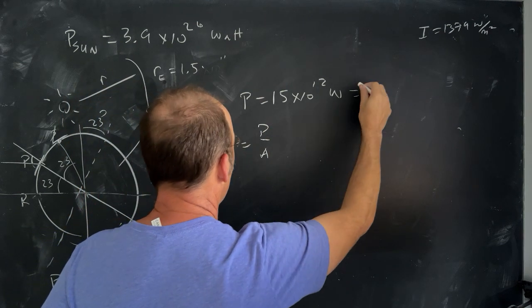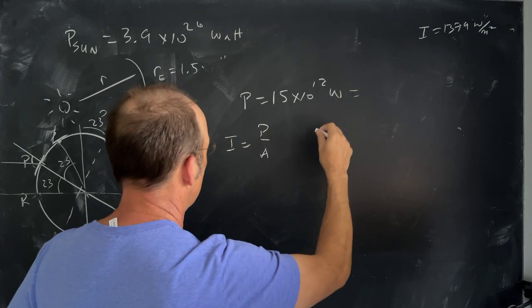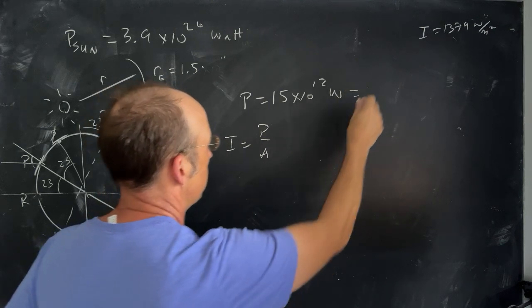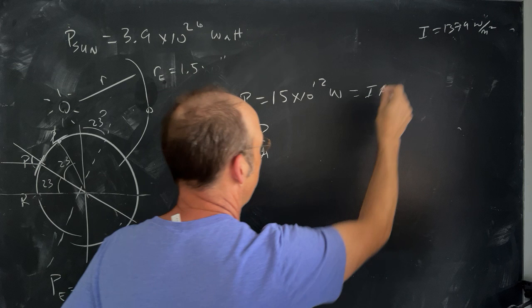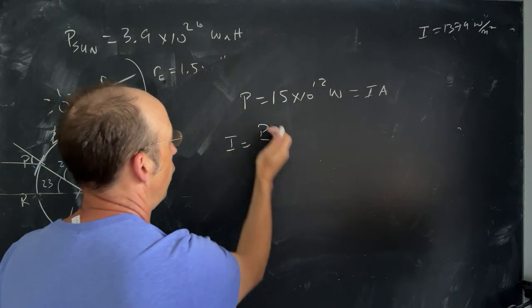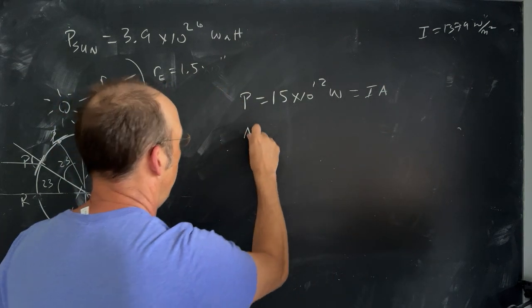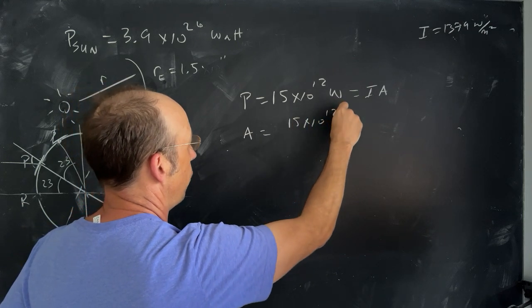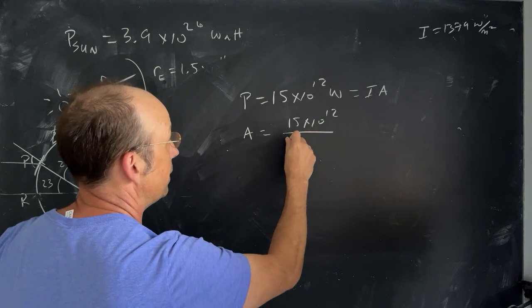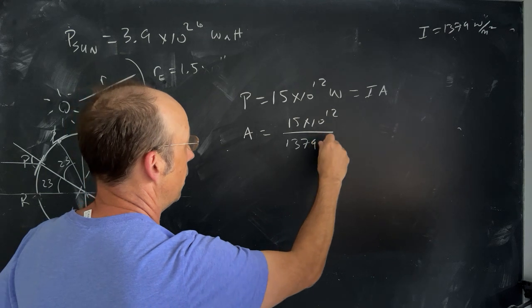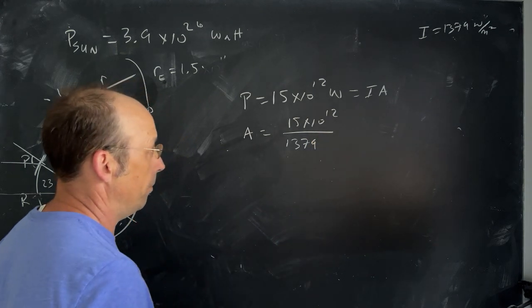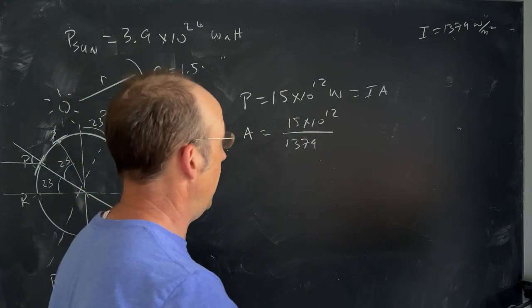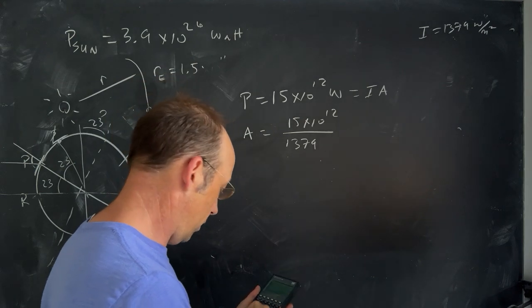Okay, so I want to solve for the area here. So the area is going to be 15 times 10 to the 12th watts divided by the intensity, 1379 watts per square meter.